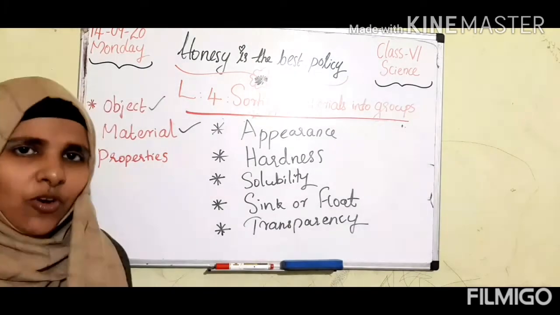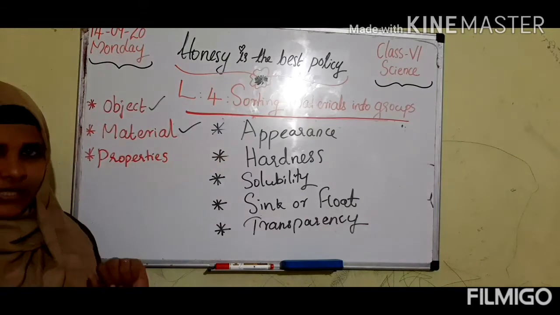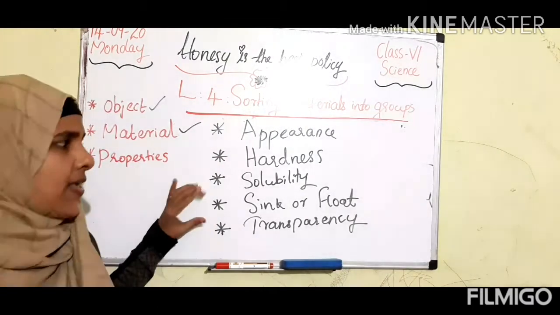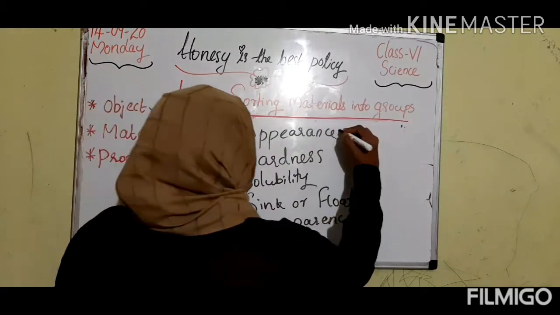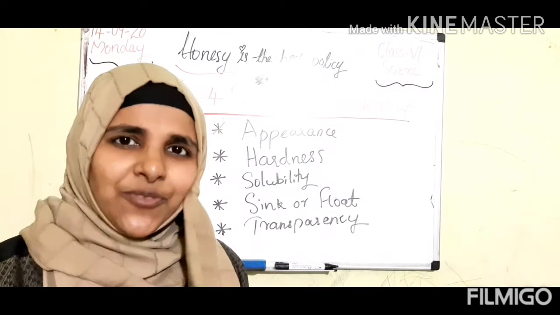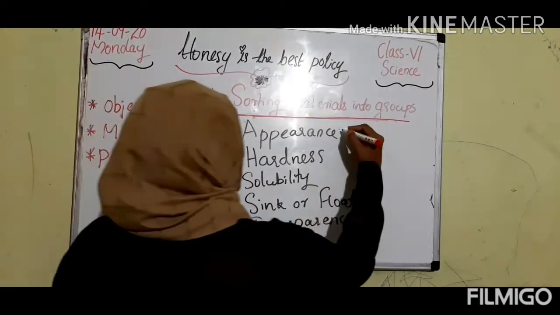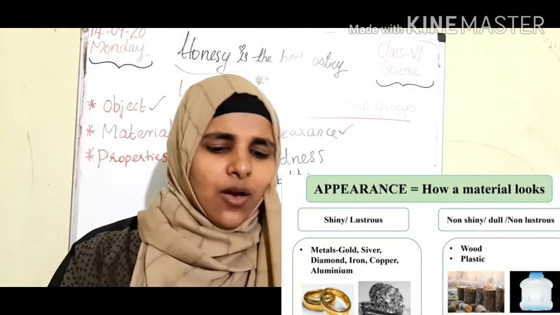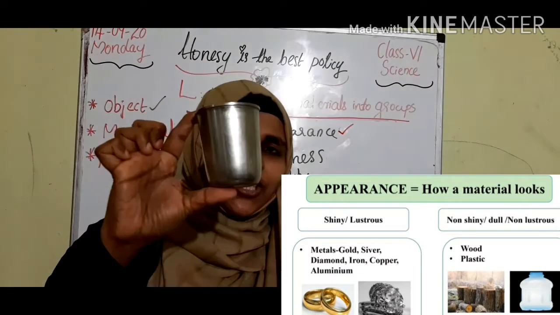In this class, I am going to discuss the first two properties. Later, in the next class, we can discuss the rest of the three. Clear? So now we can check appearance and hardness. First property, that is appearance. All of you listen please. In my hand, one object is there. Which object, children? This one.